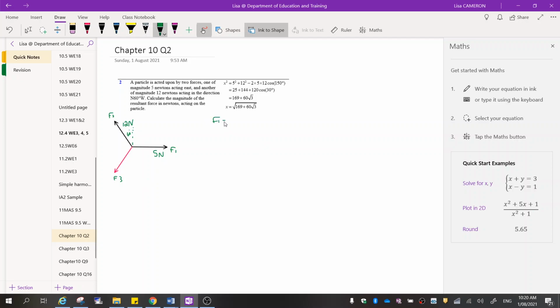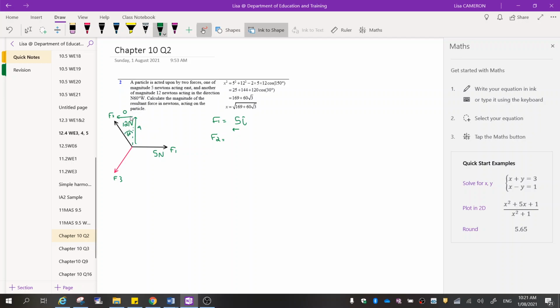So force 1 can be expressed as 5i, because it's only acting in this direction. Now, force 2, the i component is going this way. If I draw it in my vectors, that's one, that's the other one. So this one here is opposite, and this one here is the adjacent side.